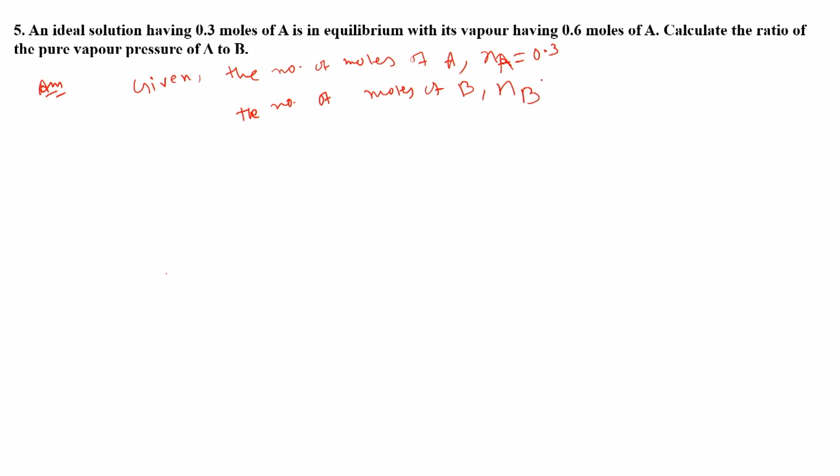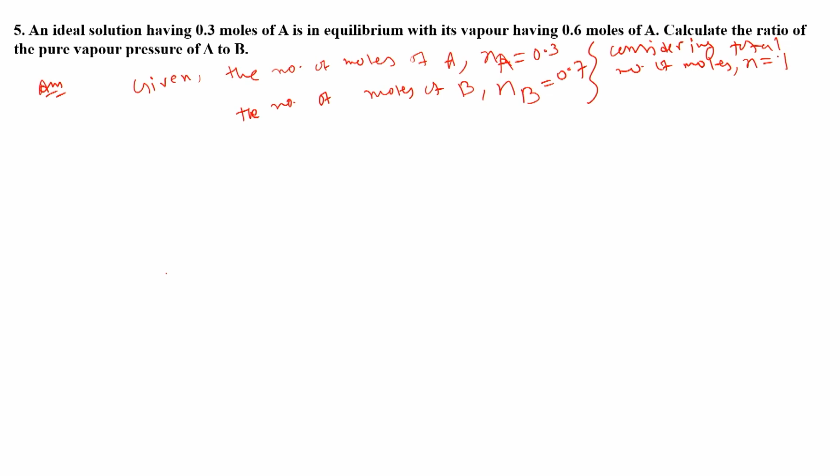The number of moles of B, if we say Nb, and if we consider the total number of moles equal to 1, then Nb will be 0.7, right? Since the total number of moles N is 1, the number of moles will be the mole fraction.